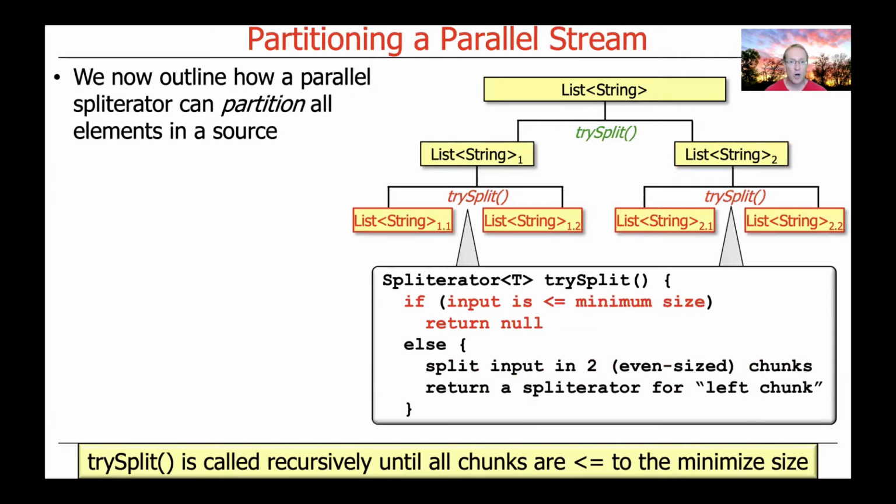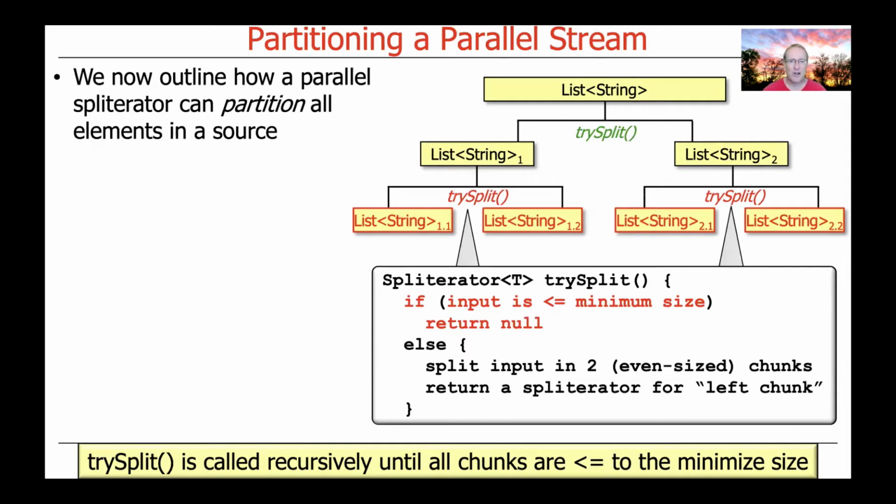Try-split will be called recursively by the streams framework until all the chunks are less than or equal to some minimum size. Now, for something like an array list or your unsynchronized array that you wrote, that minimum size was defined to be 1. So we split down till we had an element that was atomic, literally.